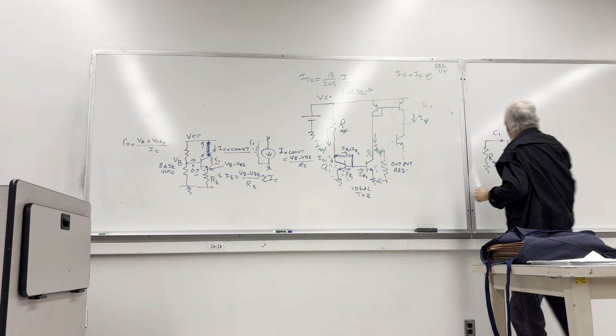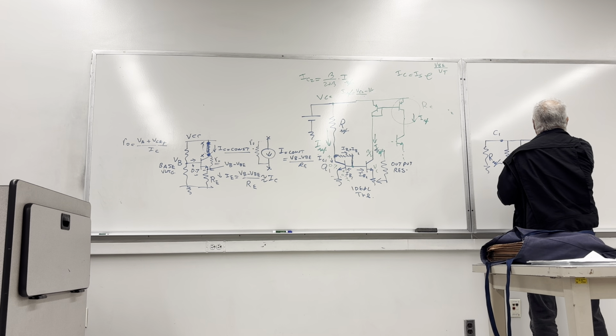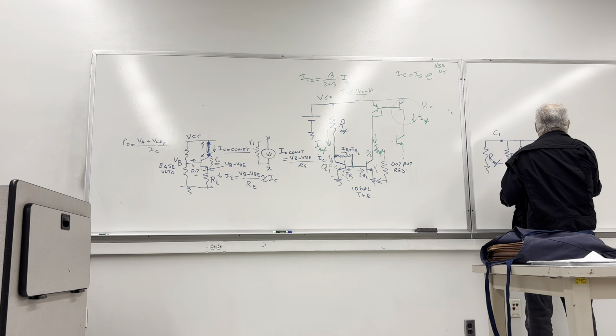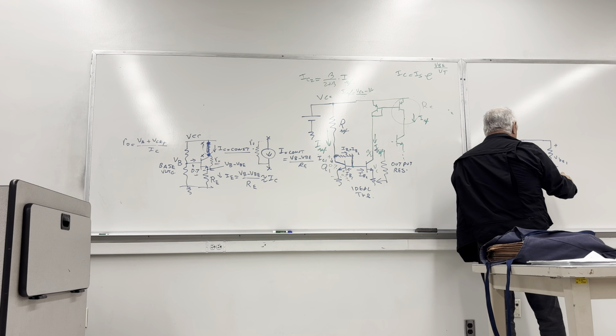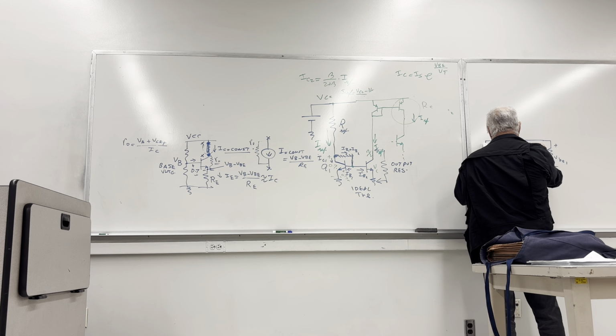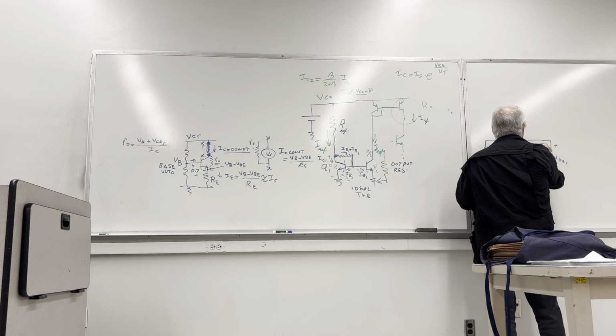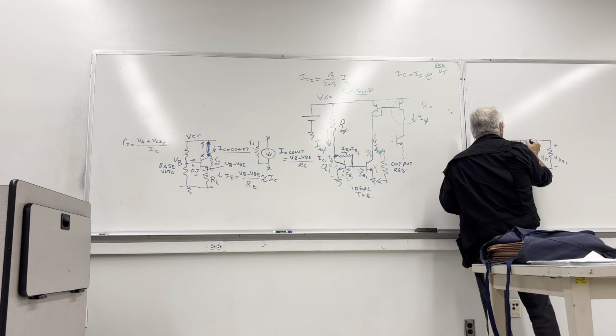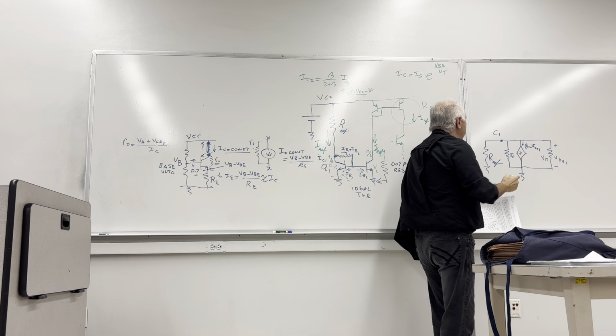This is a wire, which is that wire here, coming to the base, going straight to the R pi, with VBE1 of transistor number 1, the plus and the minus, and this will be GM times VBE1, a current source in this line.